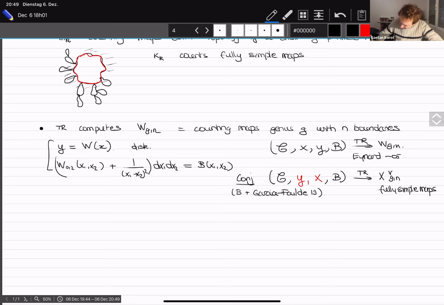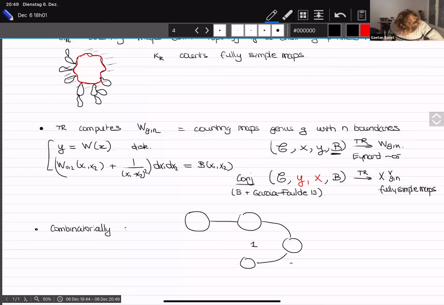And the first thing is, what about the B? So the B should be related to omega 0,2. And combinatorially, yes, this actually is true. So the fully simple cylinders, essentially the picture is like this. You have two boundaries where they can touch each other. There's boundary 1, there's boundary 2, and they touch each other on these lines, and the map is in the middle. So you can have this kind of touching, and then you can have bubblings a bit everywhere.